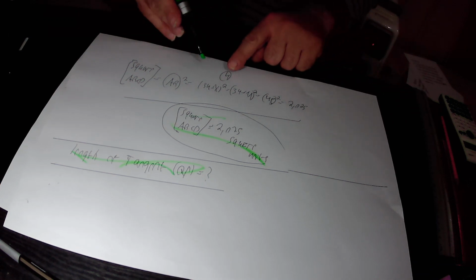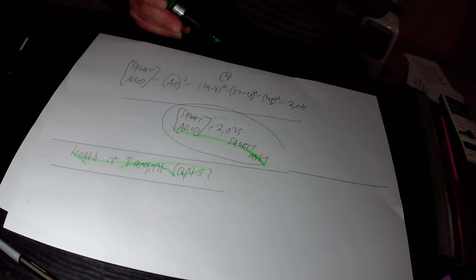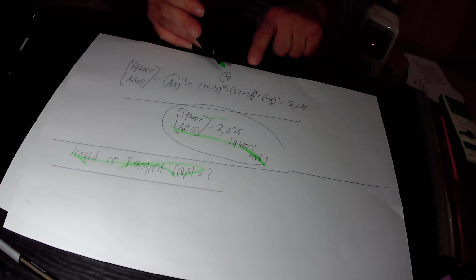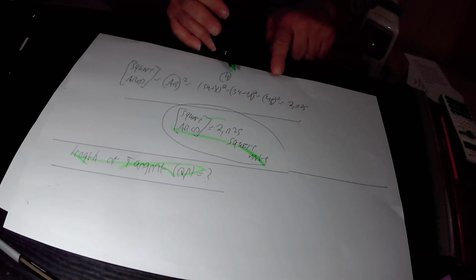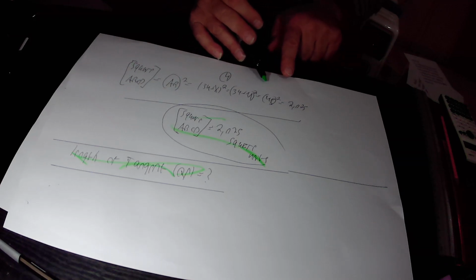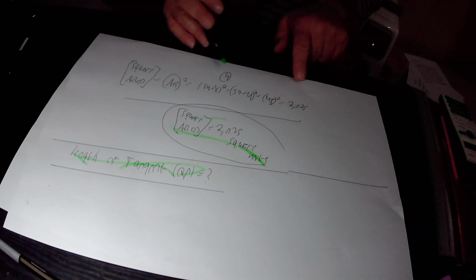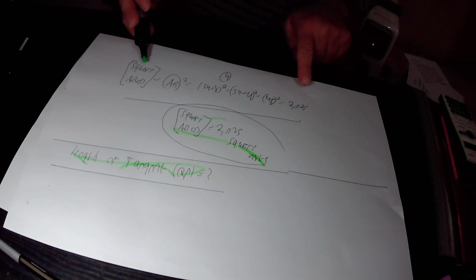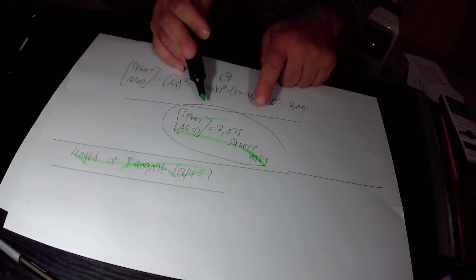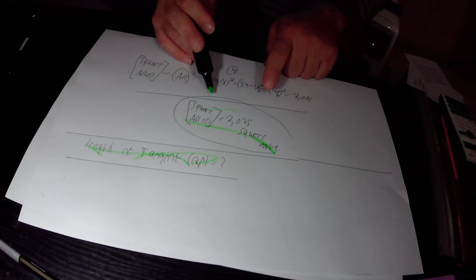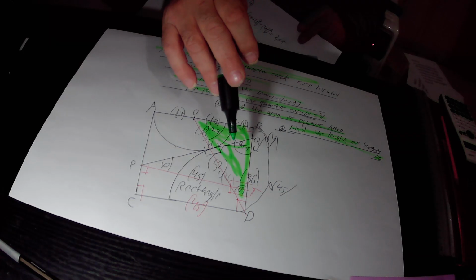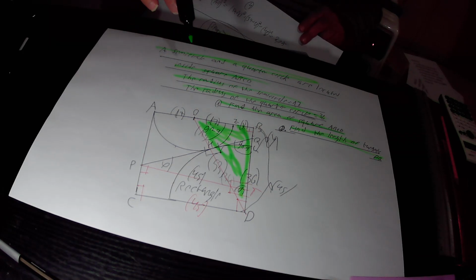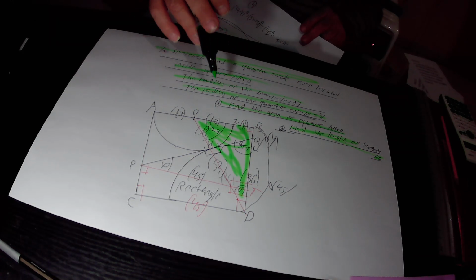X is 11, so 34 plus 11 squared. 34 plus 11 is 45. So it is 45 squared. 45 squared is 2025. So in total, we found out that the area of square ABCD equals 2025 square units in its size. So again, the area of this square ABCD, that is the area that we're looking for, is equal to 2025 square units.